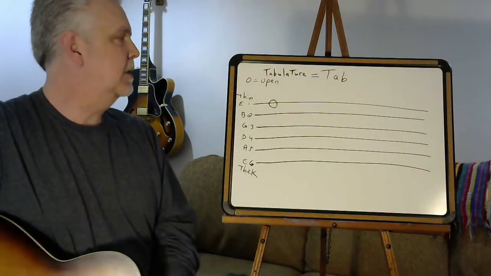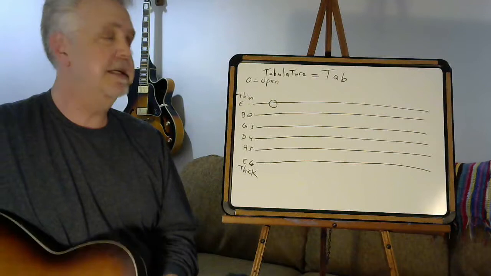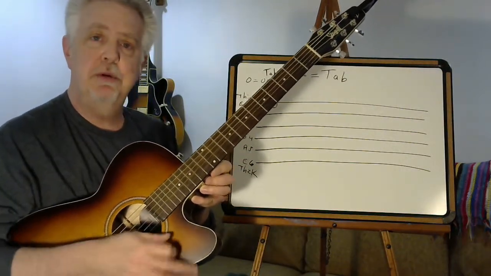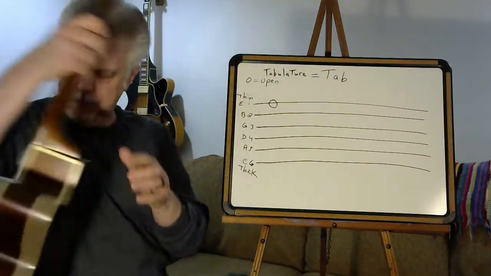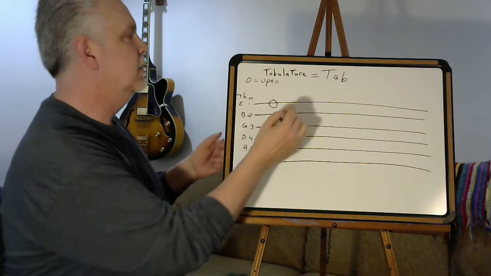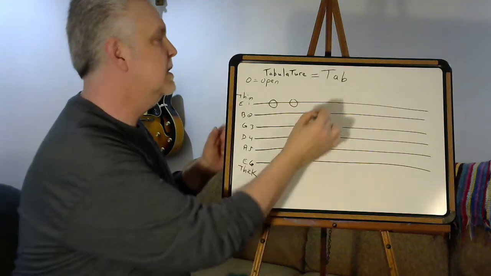So if I see something on my first line with a circle, I know that I'm going to play that E open, just once. I might see 2 of them. That means play it twice.